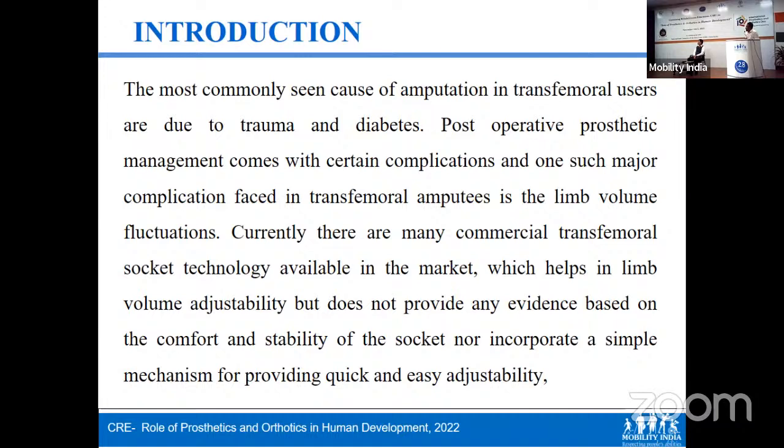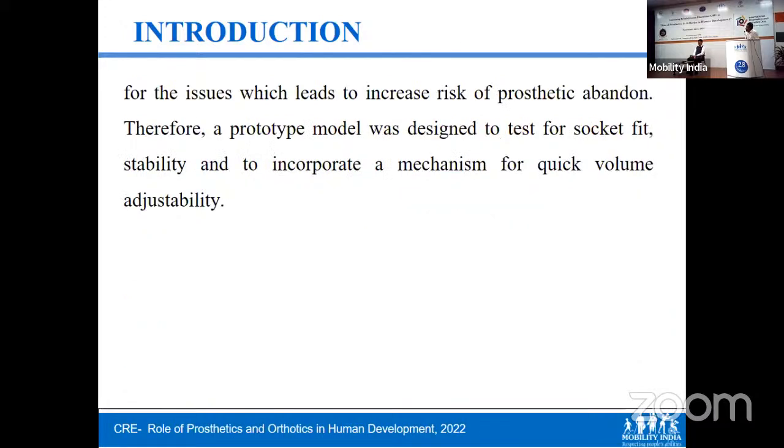Currently, there are many commercial transfemoral socket technologies available in the market which help in limb volume adjustability, but they do not provide any evidence on the comfort and stability of the socket, nor incorporate a simple mechanism for quick and easy adjustability. These issues lead to an increased risk of prosthetic abandonment, and therefore a prototype model was designed to test socket fit and stability, and to incorporate a mechanism for quick volume adjustability.